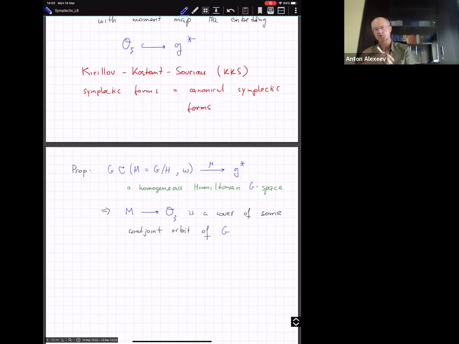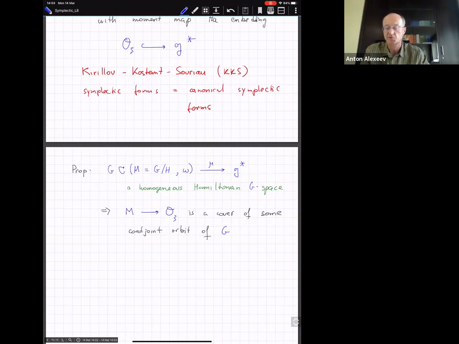Basically, sometimes we write homogeneous spaces, that's one of the things that we often consider in geometry, because we have a lot more control over homogeneous spaces than over other things.